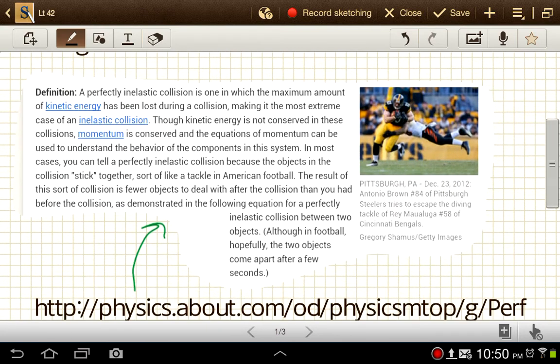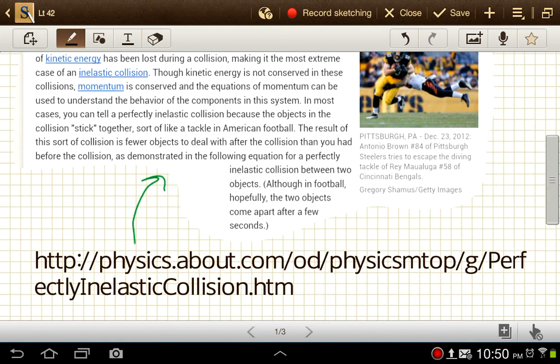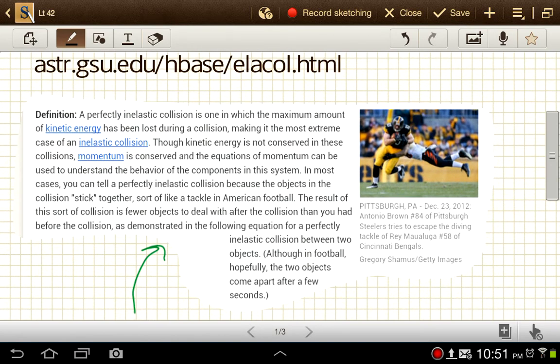And then the perfectly inelastic collision is one where as much kinetic energy as possible has been turned into other types of energy. Typically when we see a perfectly inelastic collision, what we'll end up with is two objects that stick together. So About.com had a nice description of this and talked about football players tackling one another.